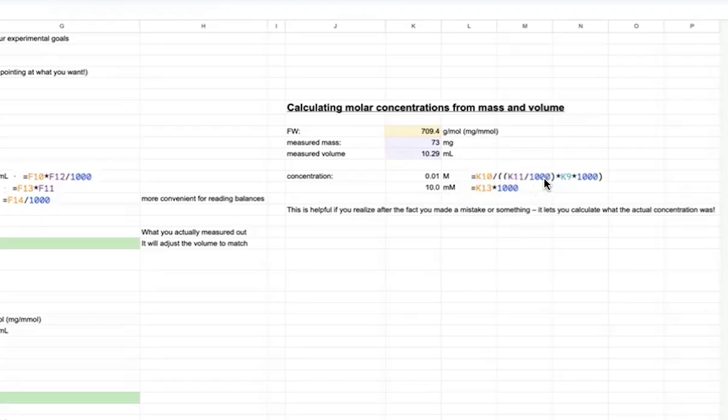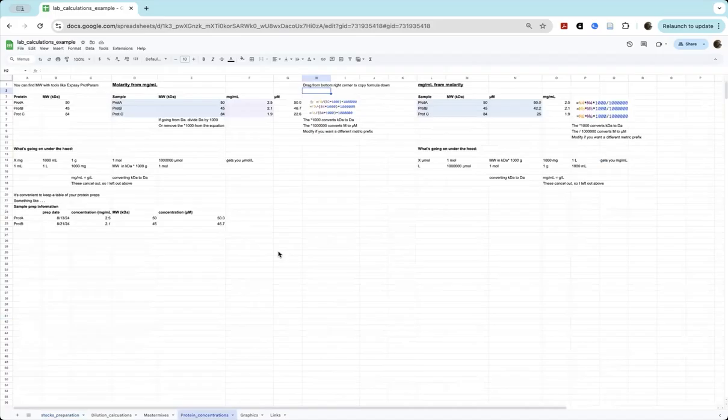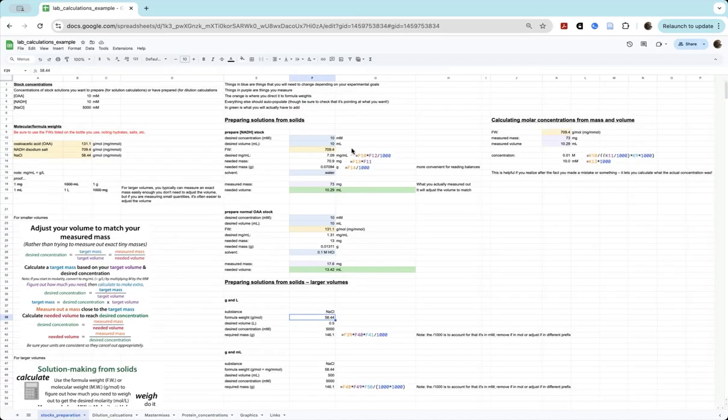The divided by thousands take into account that I have the things in milligrams and milliliters. So that's useful, and it's similar to the calculations that I have on my protein preparation and protein calculation molecular weight conversion sheets. So this is how you would make the solutions from solids.